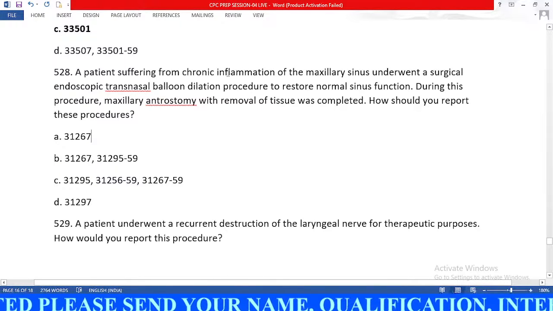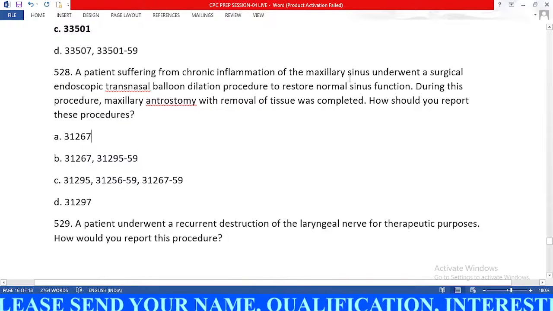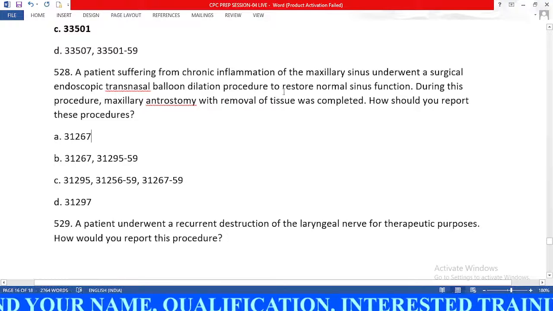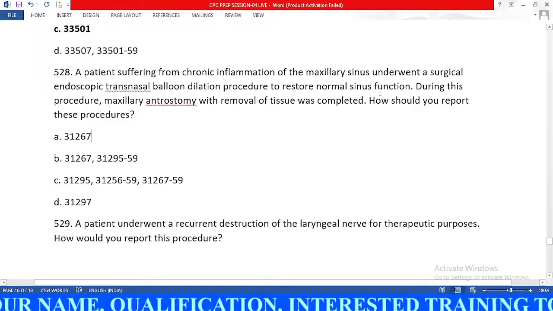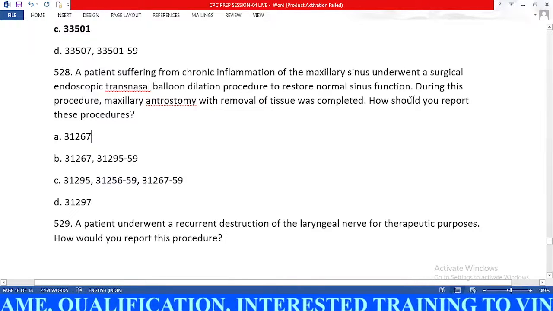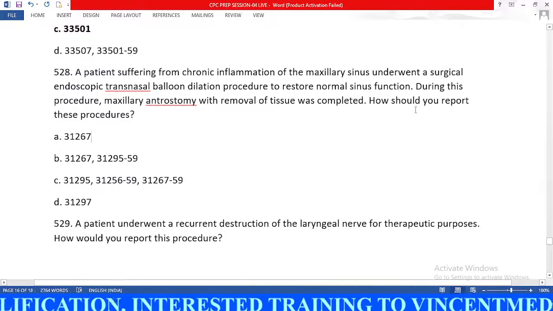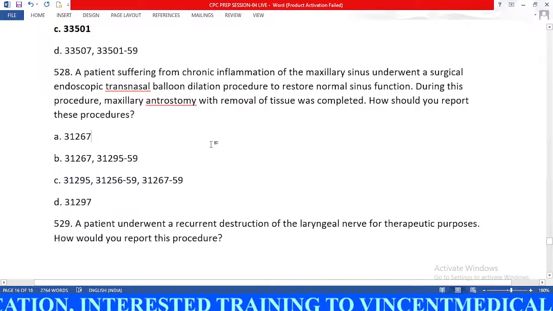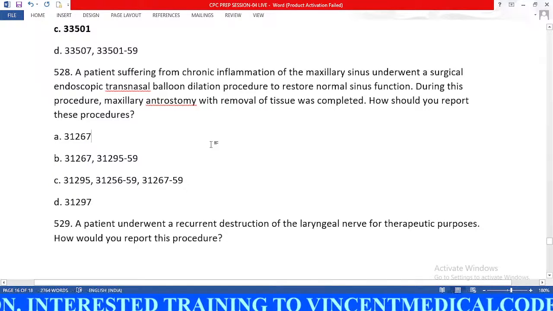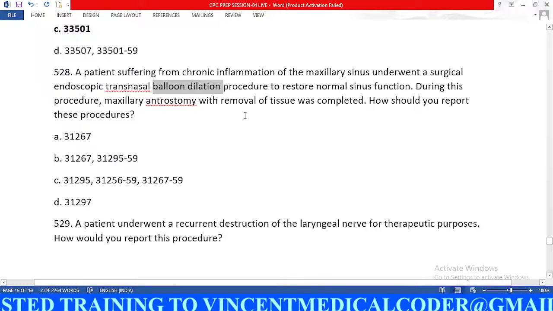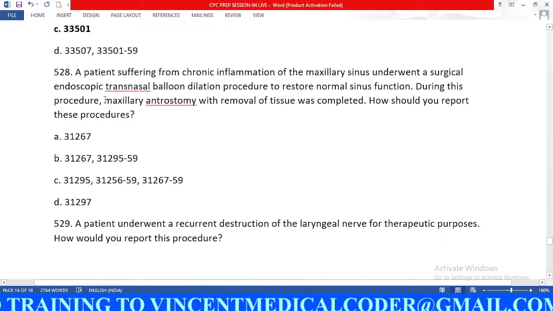The patient underwent a surgical endoscopic transnasal balloon dilation procedure to restore normal sinus function. During this procedure, maxillary antrostomy with removal of tissue was completed. How should you report this procedure? Here our main procedures are balloon dilation and maxillary antrostomy.